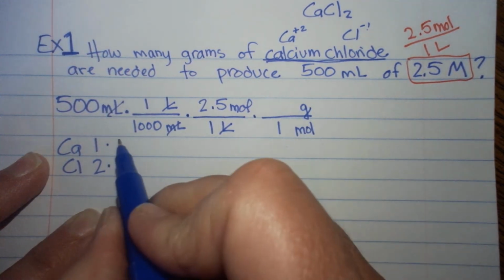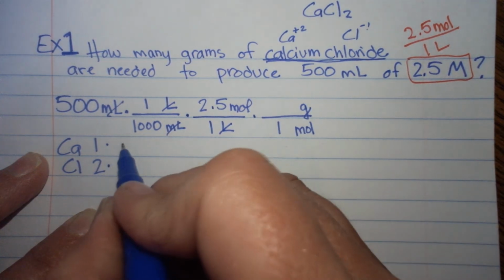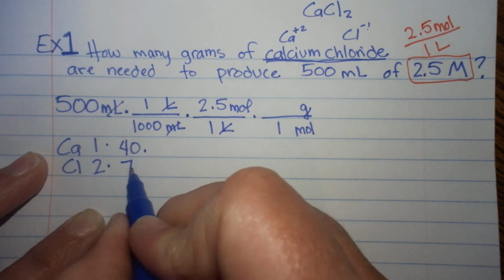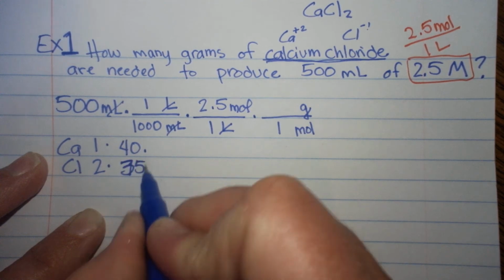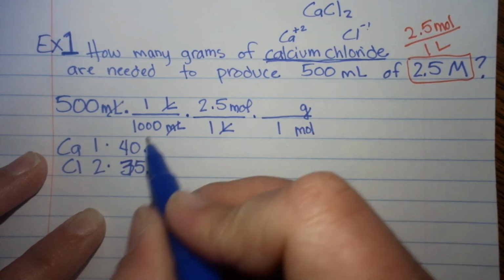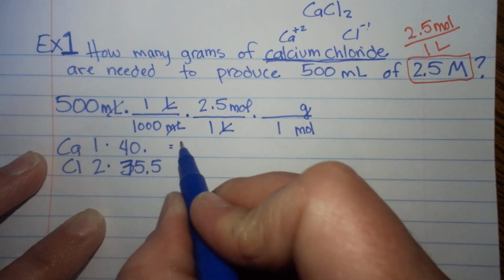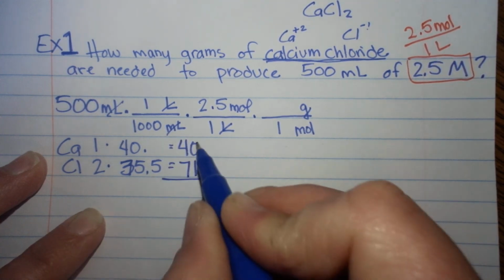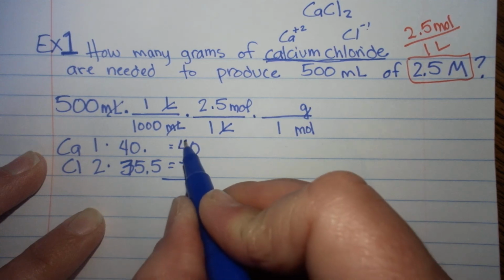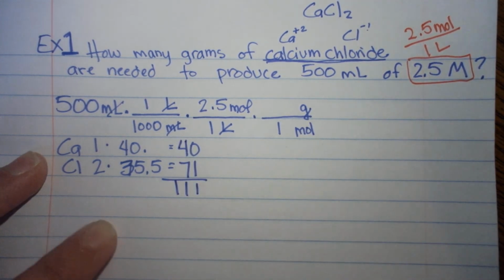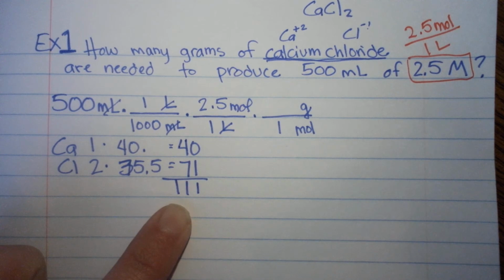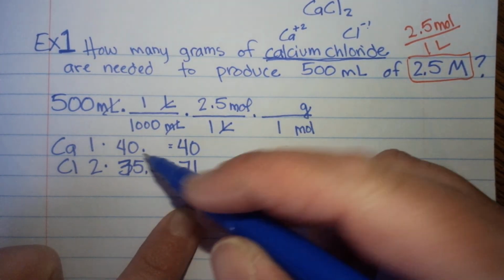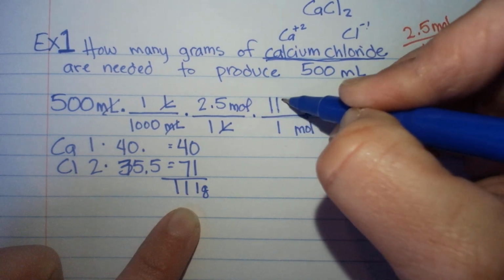Alright, well, we'll just do 40 for calcium and, well, it's 35.5 for chlorine. So when we multiply that out, it's 40 and 71. We add them together, we get 111. So that 111 is the molar mass of calcium chloride.